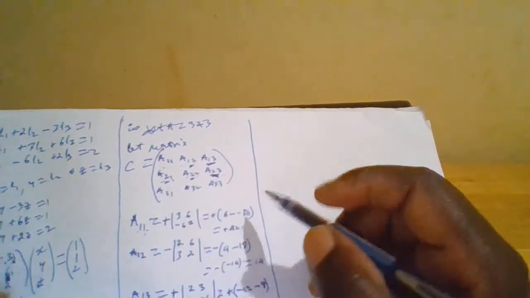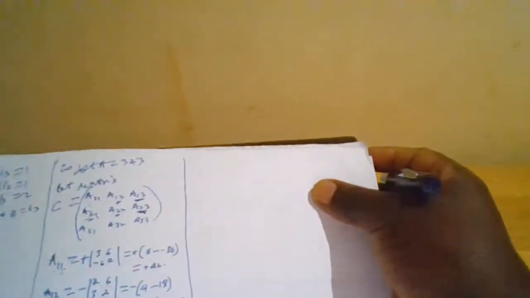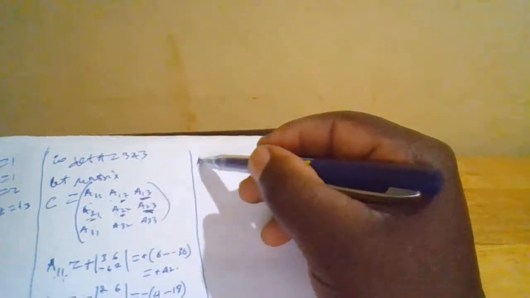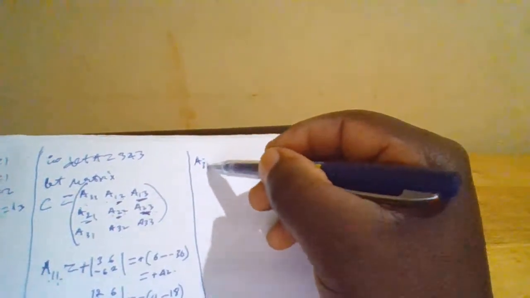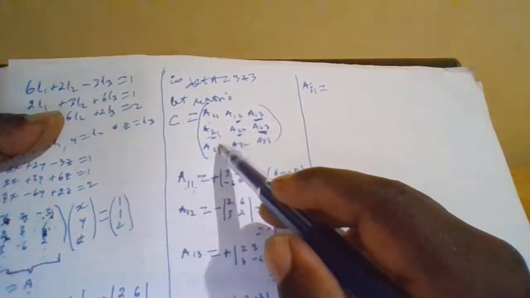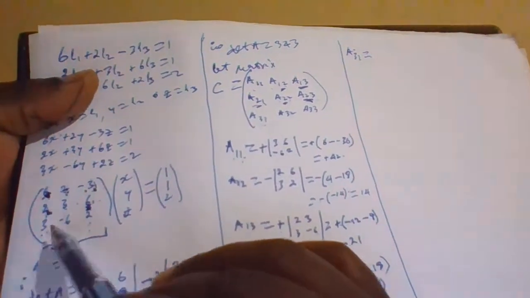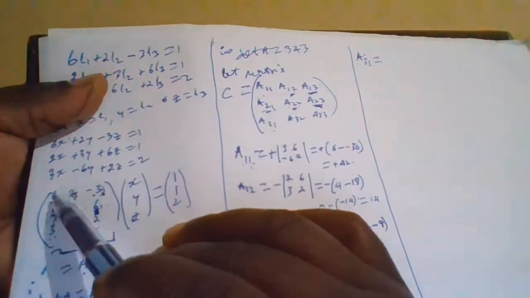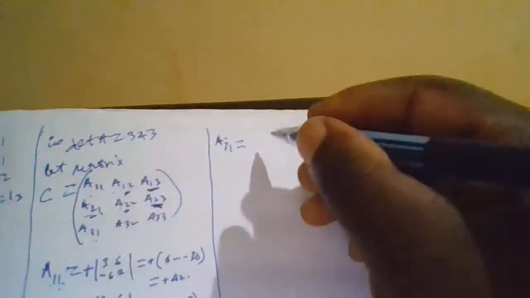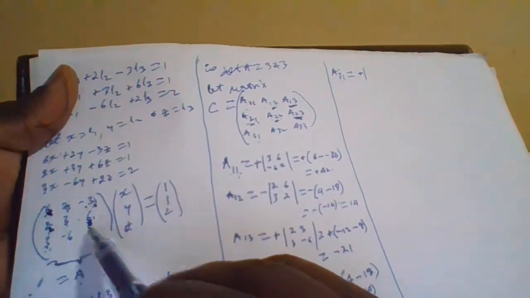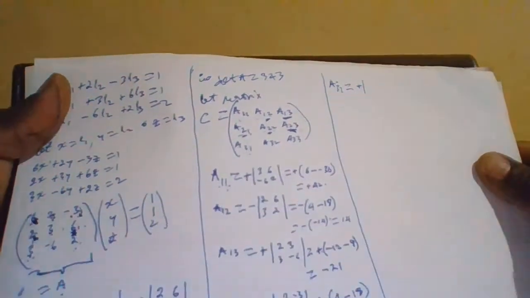We move on to the last row, which is A31. This element corresponds to element 3. The place sign of element 3, we have positive, negative, positive, so it will be positive. The minor of this element will block this row and this column.